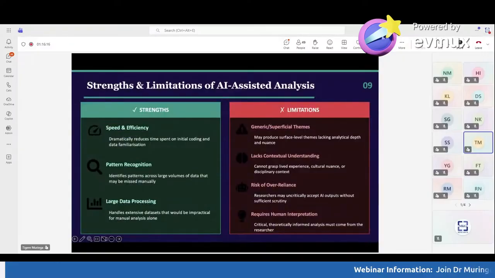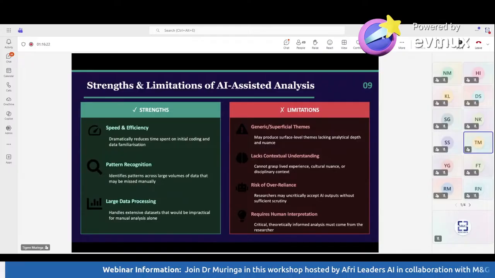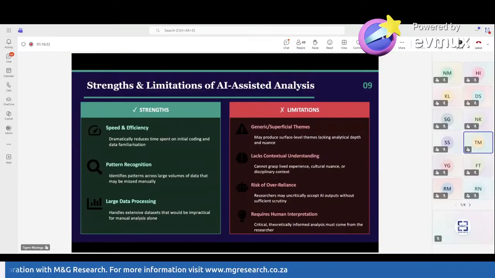So let's look at the strengths and limitations of AI-assisted analysis, right? We're saying why we should adopt AI tools in terms of our thematic analysis. Number one is that it increases speed and efficiency, drastically reducing time spent on initial coding and data familiarization, which is the process that takes the largest amount of time.